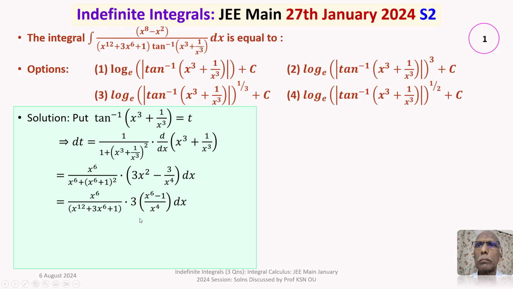Now this x to the power of 4 cancels with this x to the power of 6, x square times. So x square into x to the power of 6 minus 1 is precisely x power 8 minus x square.